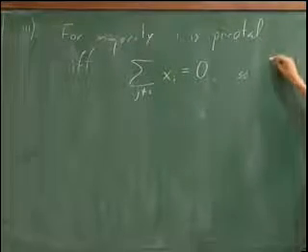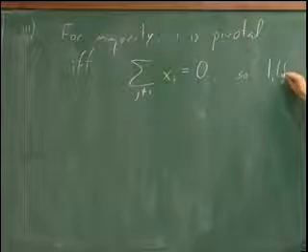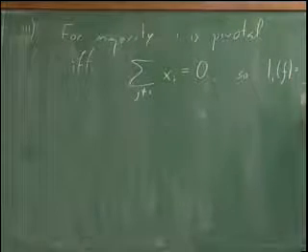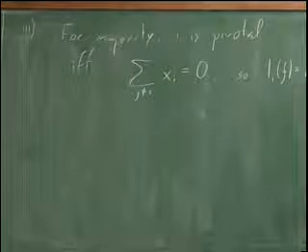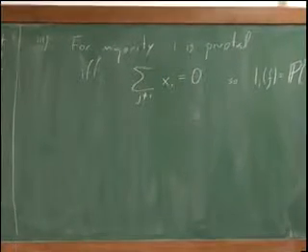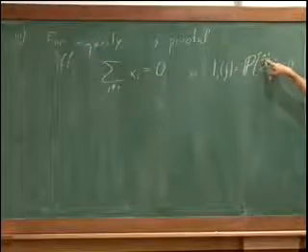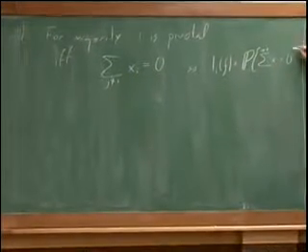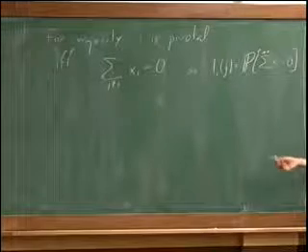So what's the probability that the ith bit is pivotal? That's going to be the probability that a sum of n minus 1 plus-minus 1 variables equals 0. Now what's the probability that happens?